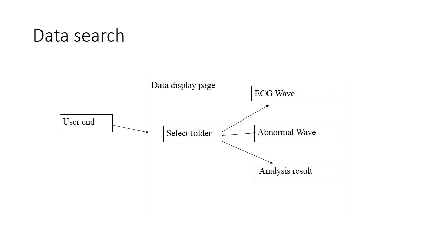It also needs functions for the user to move, zoom in, and zoom out the wave. This part is more about selecting a part of the wave that is not normal based on stored information and initial analysis. This period of wave has medical significance and needs further analysis by a doctor.